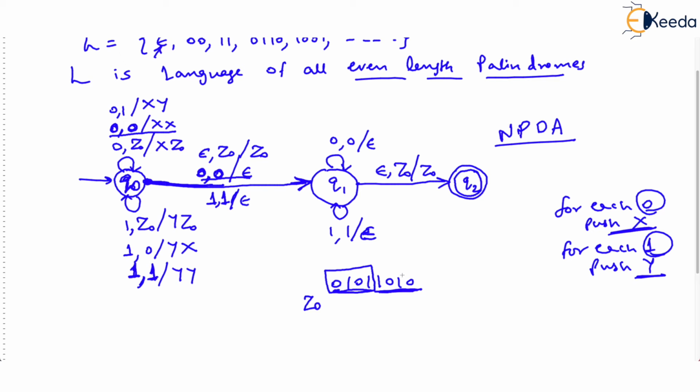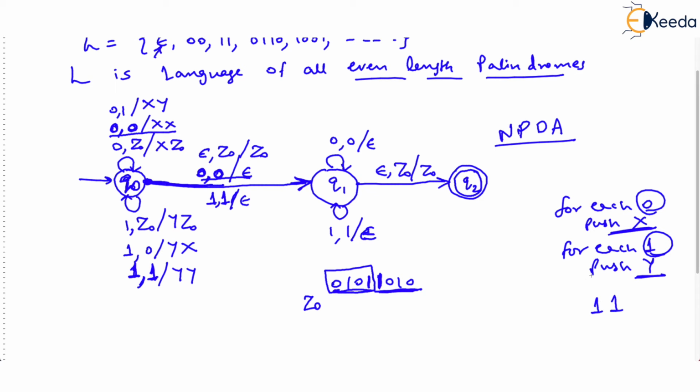And the answer is, it won't know whether it has reached the center. The only thing the PDA will do is that whenever a symbol like 1 is immediately followed by the same symbol 1, the PDA will assume that it has reached the center, and also assume that it has not reached the center.